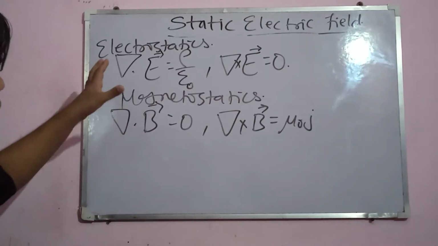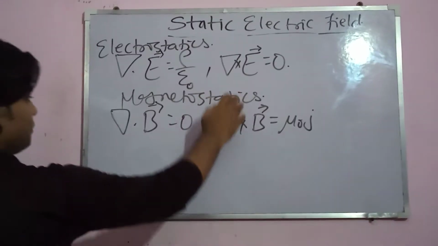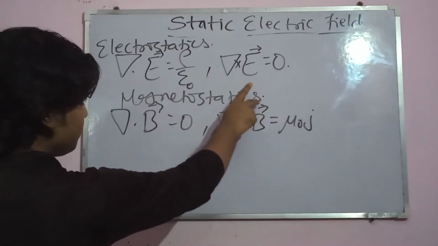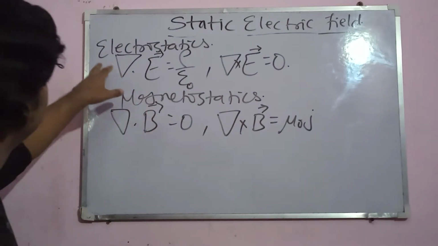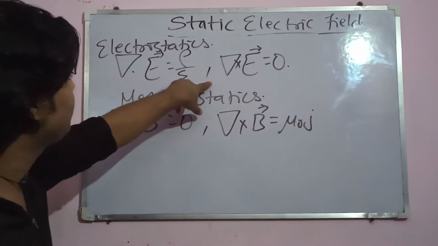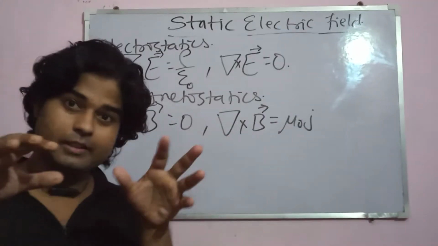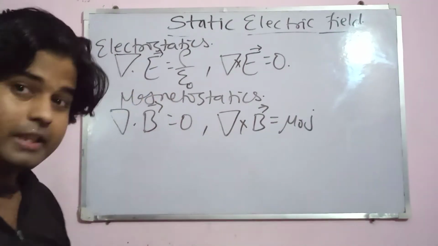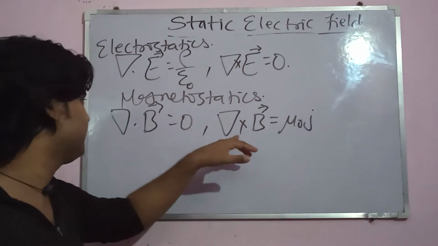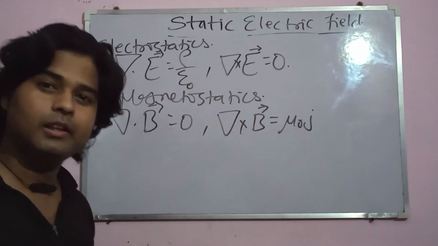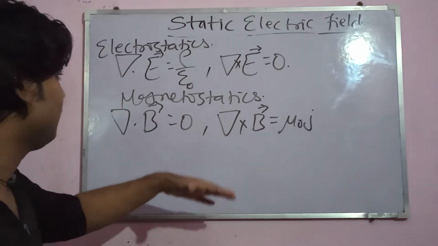See, from the time independent form of Maxwell's equations, we have two sets of equations. This set contains two equations. This set also contains two equations. Here, these two equations have the electric field, and this electric field is time independent, not changing with time. Each equation in the other set contains a magnetic field, and both magnetic fields are time independent.